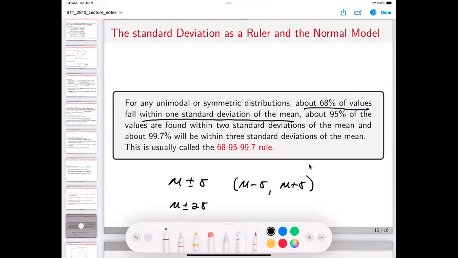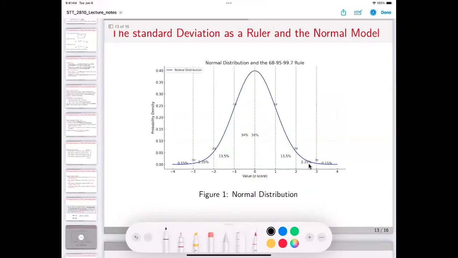And then 99.7% fall within three standard deviations of the mean. So this blue curve here is an example of a symmetric distribution. You can see it is bell-shaped. And so this is one standard deviation of the mean.